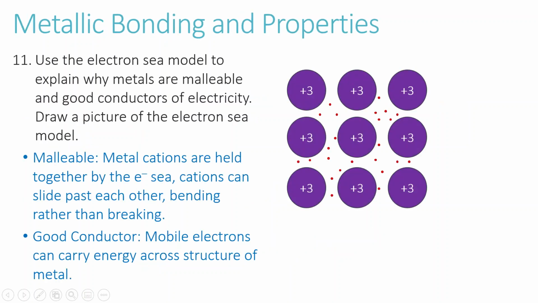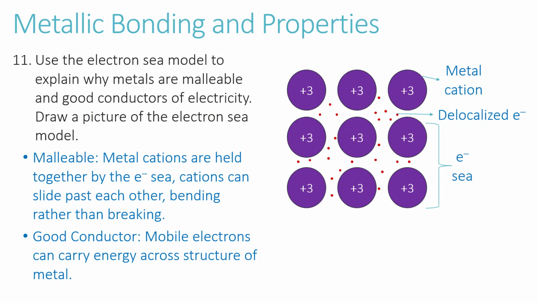Number 11 says to use the electron sea model to explain why metals are good conductors of electricity as well as being malleable. In the structure of a metal, we have these metal cations that are surrounded by a sea of delocalized electrons. So this means that metals are going to be malleable.